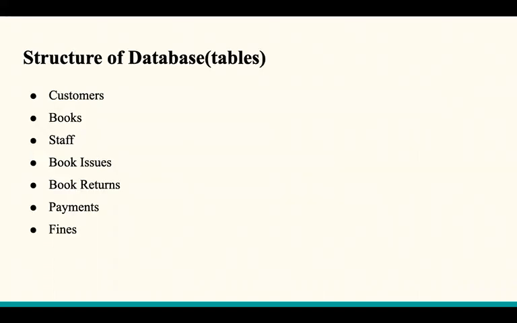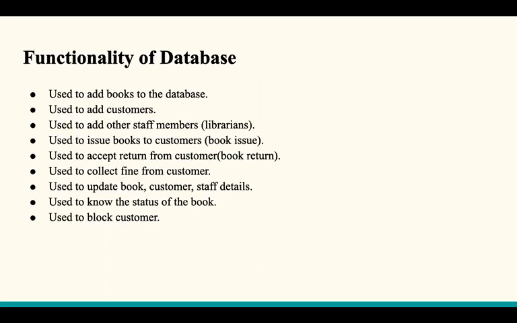The database includes the customer, books, staff, book issues, book returns, payments, and fines. Coming to the functionality of the database, we use it to add books to the database if any new books are introduced. Information of the customers and staff members can also be added.